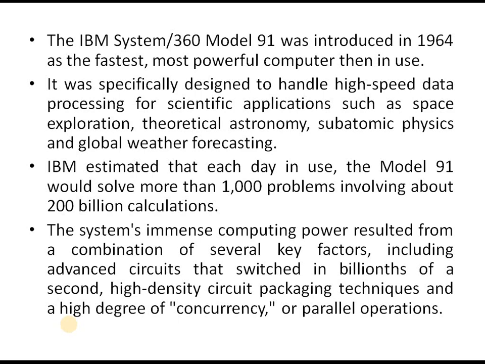IBM estimated that each day in use, the Model 91 would solve more than 1,000 problems involving about 200 billion calculations. The system's immense computing power resulted from a combination of several key factors, including advanced circuits that switched in billionths of a second, high-density circuit packaging techniques, and a high degree of concurrency of parallel operations.